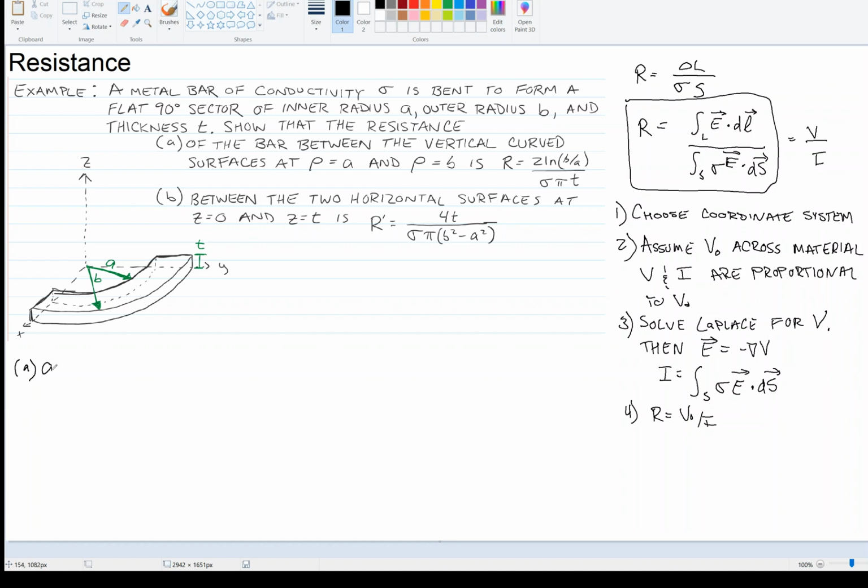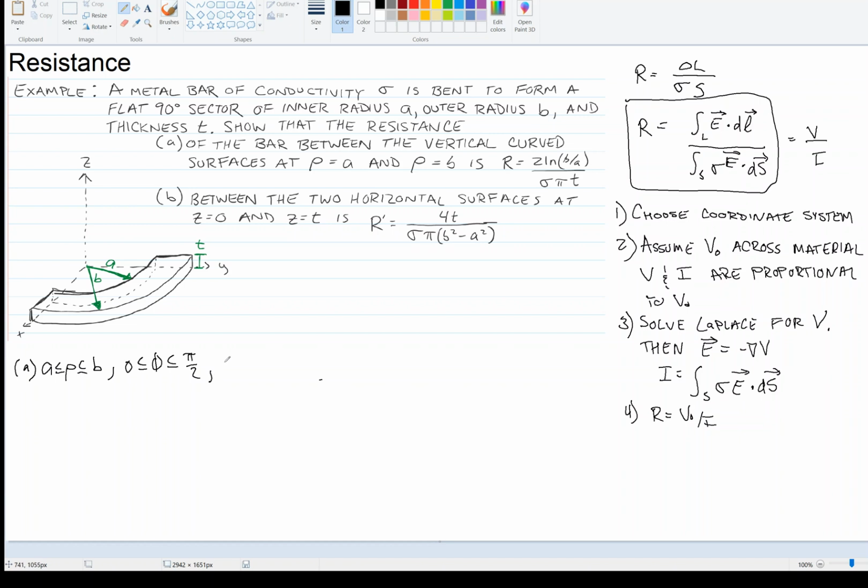Notice that the radius, or the rho coordinate, goes from A to B. The phi coordinate goes from 0 to pi over 2, right? 0 with the x-axis, and then pi over 2 would be the y-axis.